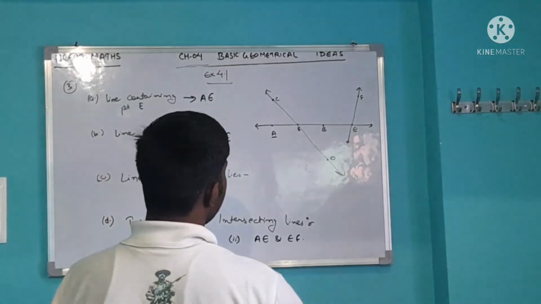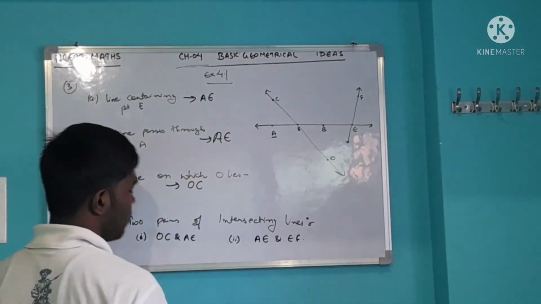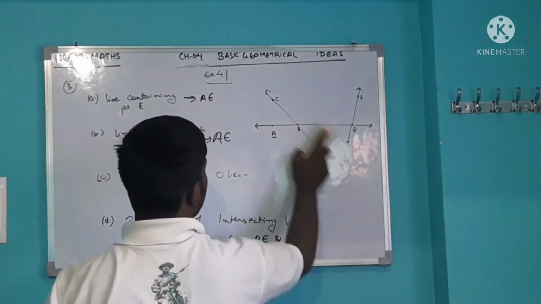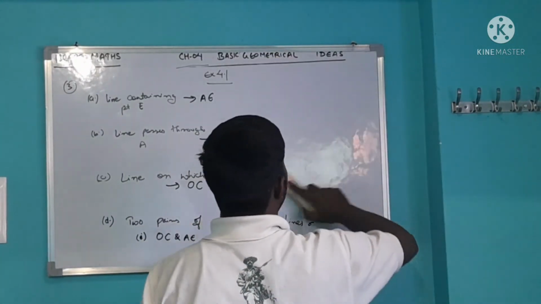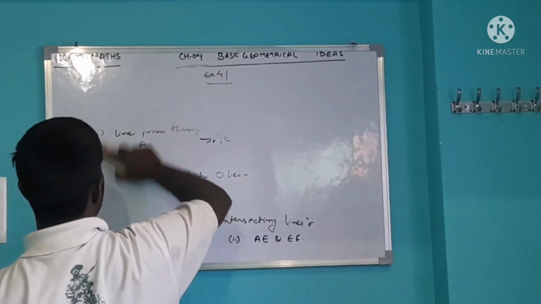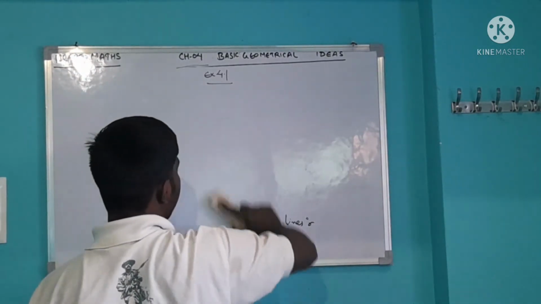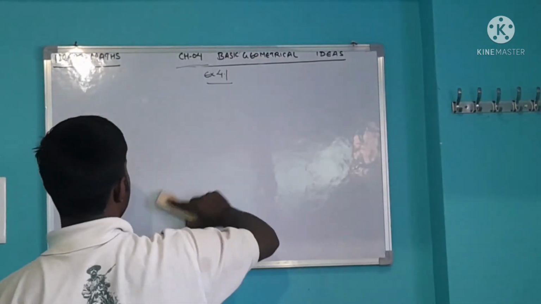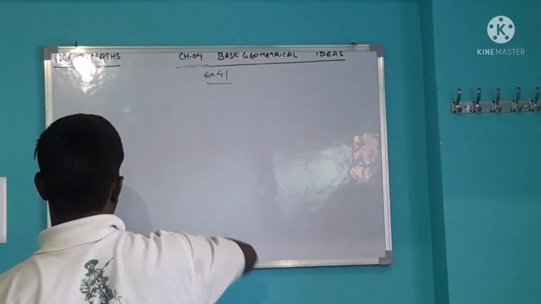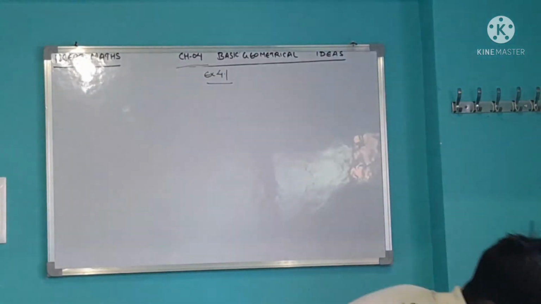So these are the two intersecting lines. So this is all about our third question. In geometrical chapter, always a figure-based question is asked in your exam, which is very easy to solve.